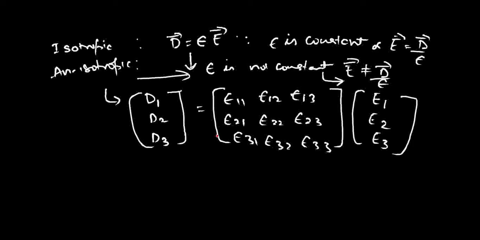So which of the following equations is a valid equation for anisotropic material? When it says anisotropic material, then don't play with epsilon, just write D is equal to epsilon E. If it says isotropic material, then you can write E is equal to D by epsilon because epsilon is constant. And if it doesn't mention anything about the material, then take it as an isotropic material.